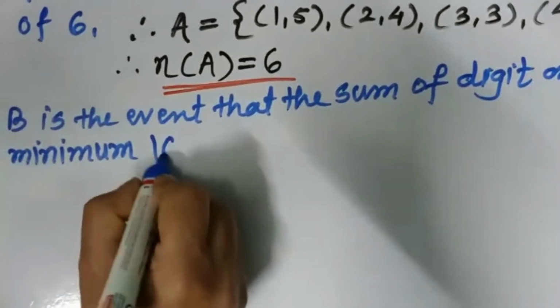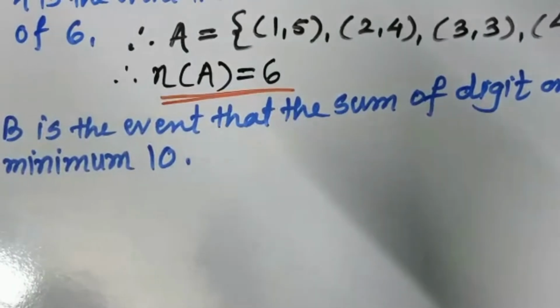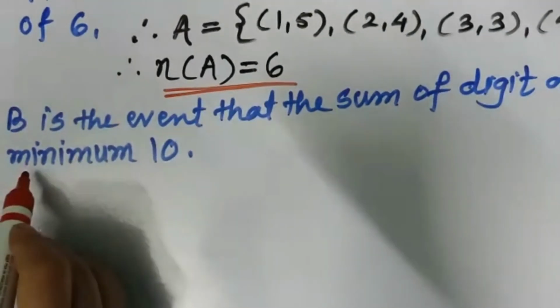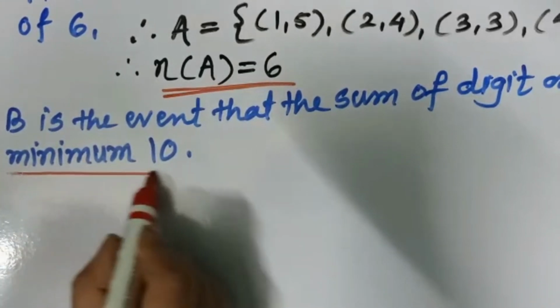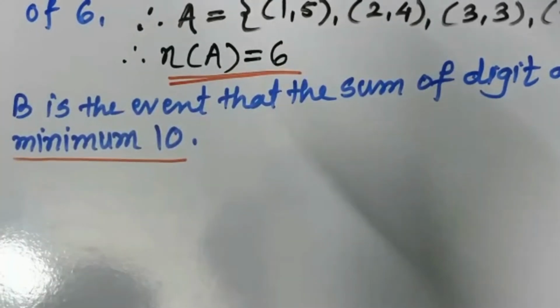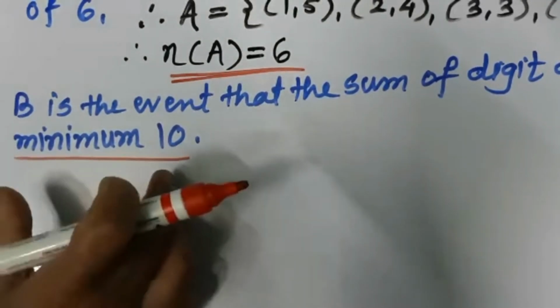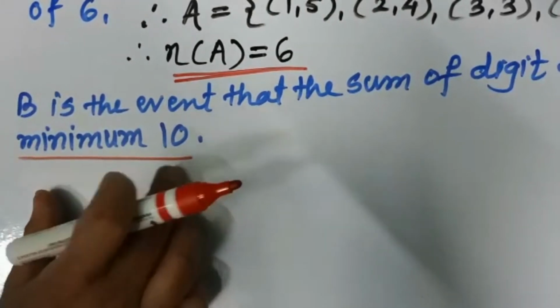Minimum 10. Okay. See one more thing. If it is asked that minimum 10, minimum means at least 10. So here minimum 10 and at least 10, both meanings are similar. So for minimum 10 we have to take 10 or more than 10.